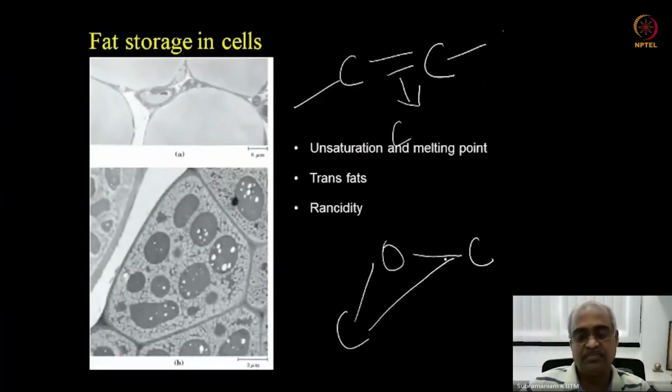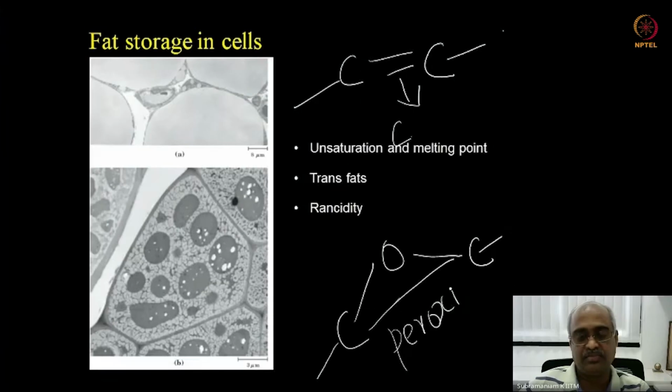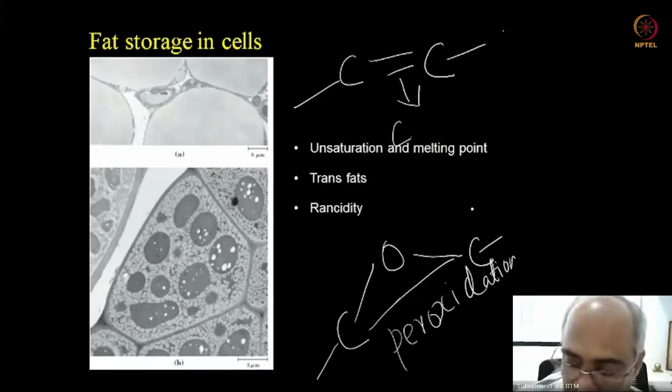So this structure of one oxygen added between these 2 carbons, we call lipid peroxidation. Okay, lipid peroxidation. This again breaks down into aldehydes and carboxylic acid and so on. This breaking down into shorter portions due to oxidation, this peroxidation, is what causes the property called rancidity.